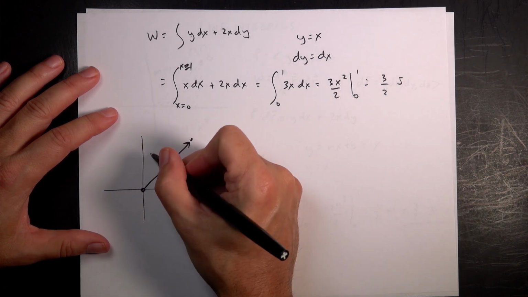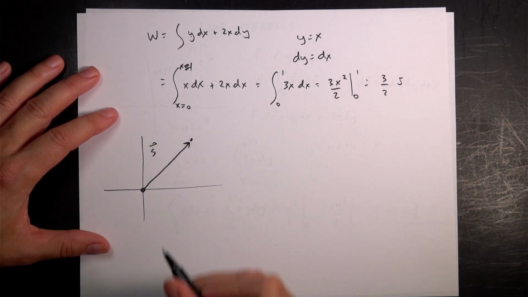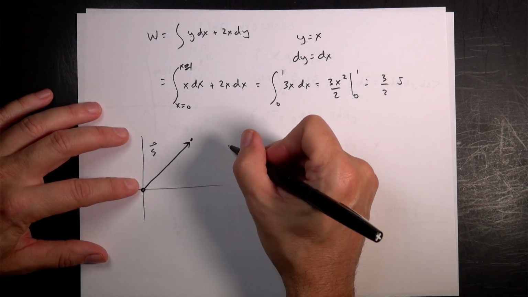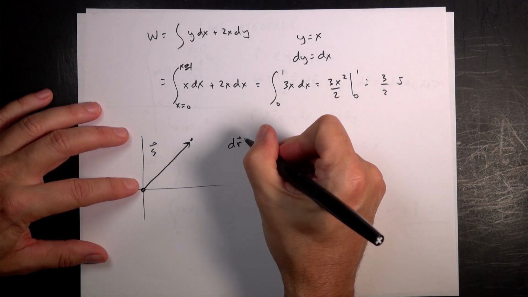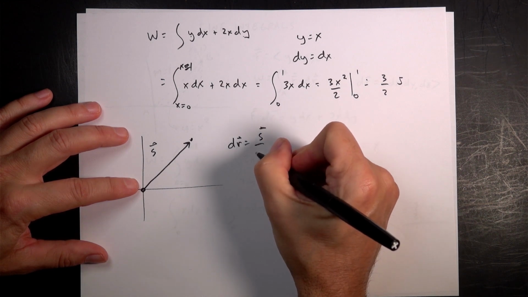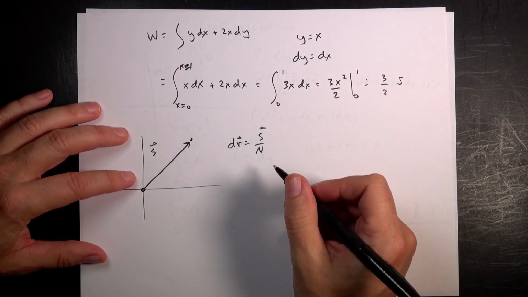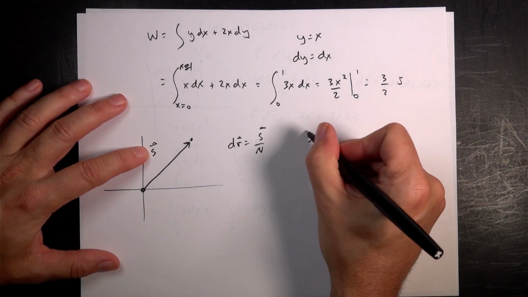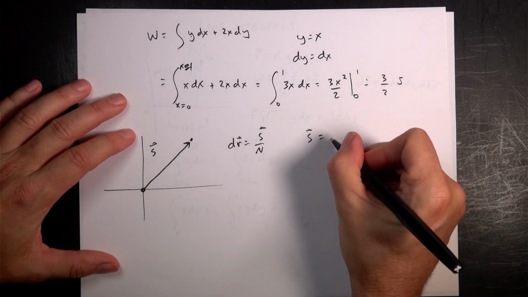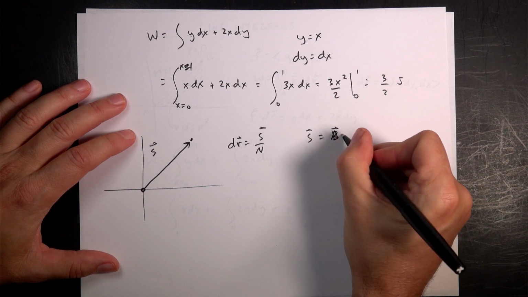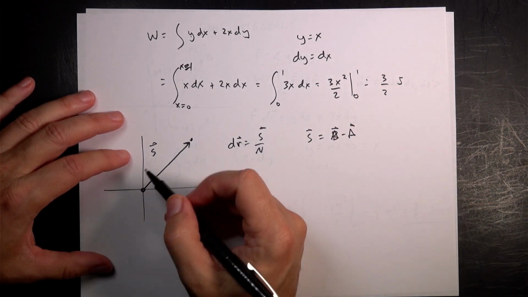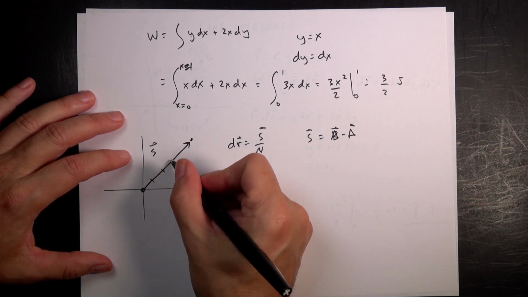I'll call it the vector S, which is the path from A to B. Now the vector dr is going to be S over n, where n is how many pieces I want to break it into. S is just going to be the vector B minus A. That'll give me the direction, and then I divide it into pieces. Now I have step sizes where I'm going to move in the right direction.